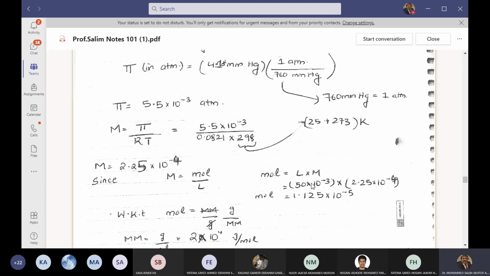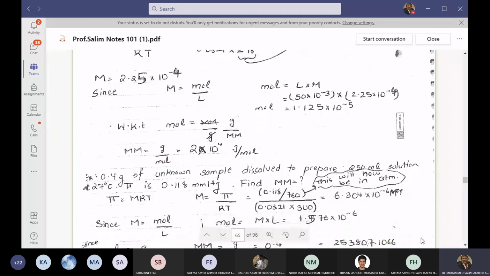Yes, divide by 1000. So I know liter, I know molarity. Can I get mole? Is this the correct number? Yes, doctor. Okay. Mole equal to 10 to the power.